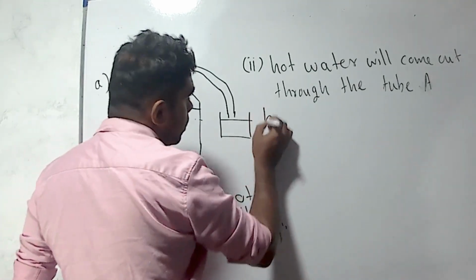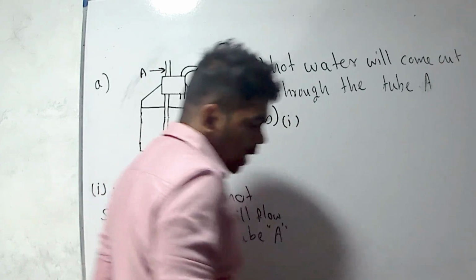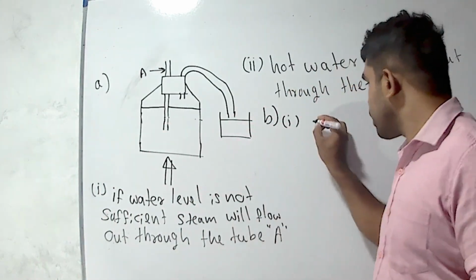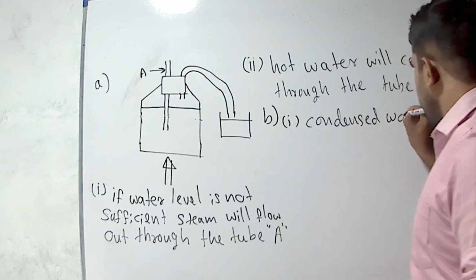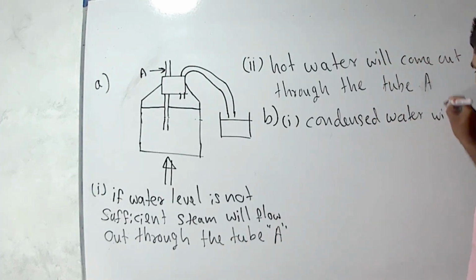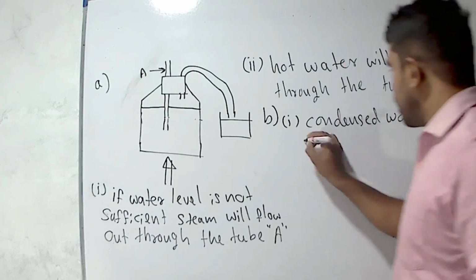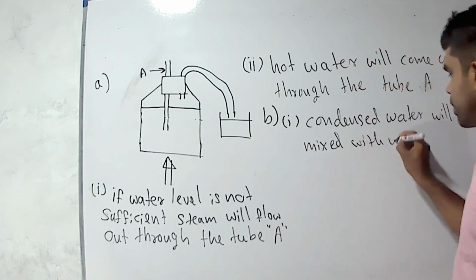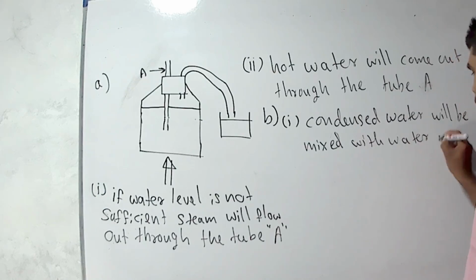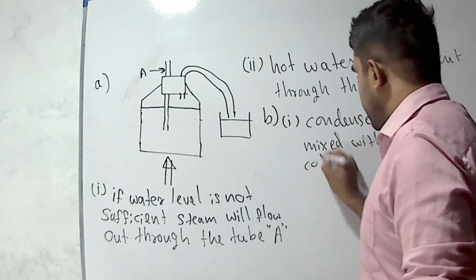B part 1: condensed water will be mixed with water in the calorimeter.